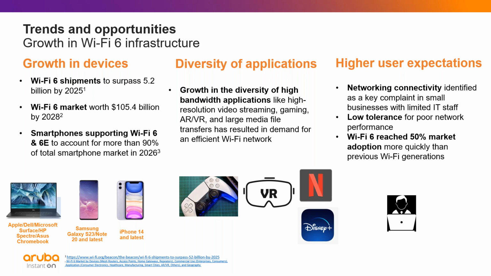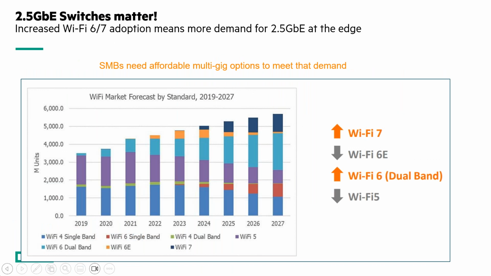And then, because of all these things, users have higher expectations, right? Low tolerance for poor network performance. We've all gotten spoiled with really quick internet connectivity, right? But Wi-Fi 6 has reached 50% market adoption, which is much faster than any of the previous generations. So because of Wi-Fi 6, and now I'm also hearing talks of Wi-Fi 7 adoption, there's more of a demand for faster Ethernet ports, right?